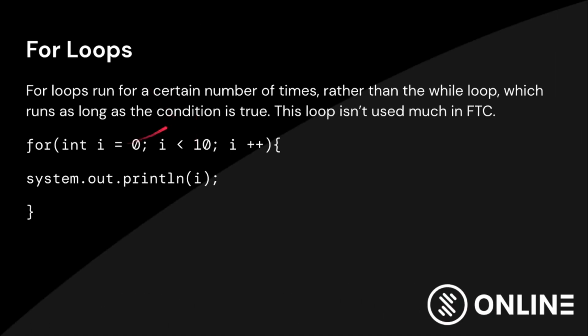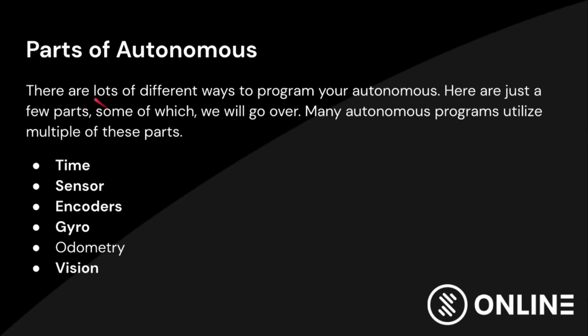Okay, while we're waiting for that to load, I'll go through some parts of autonomous. In autonomous, there are lots of different ways to program. There are a lot of different parts, and here are just a few of them, and we're going to go over a few of these. But most autonomous programs will use most of these parts to make sure their autonomous is as accurate as possible.